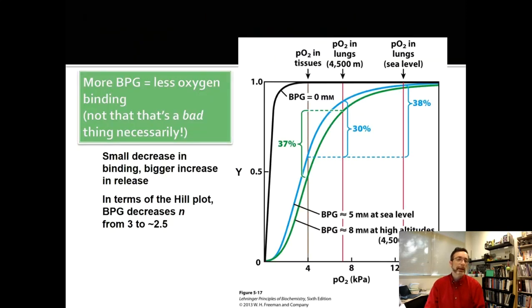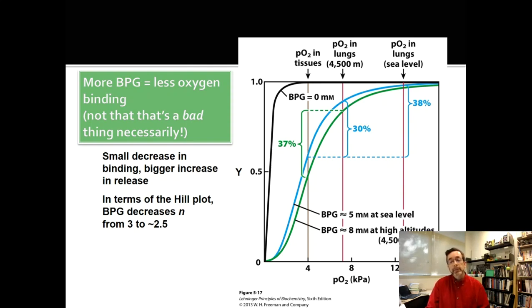This is what it does to the binding curve. If you look at this binding curve, normally everyone has about 5 millimolar BPG in their tissues. If you have 0 millimolar BPG, your hemoglobin's actually messed up, because it will be all the way on the black line.